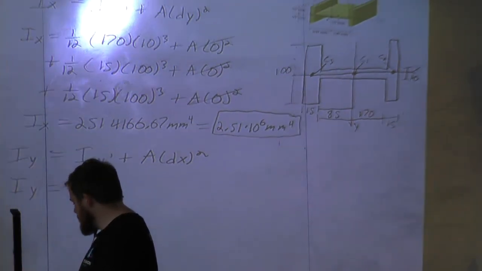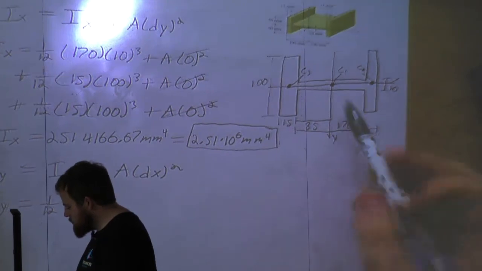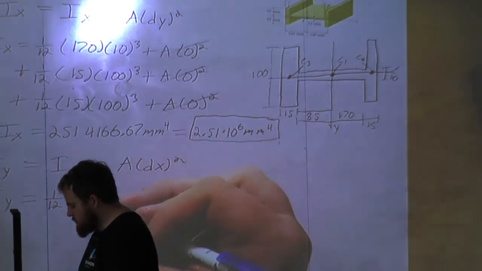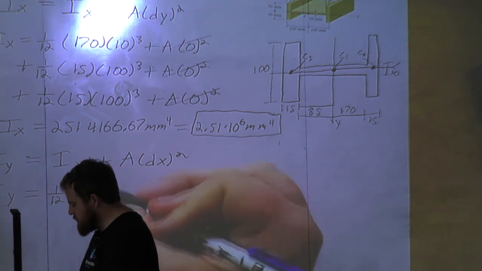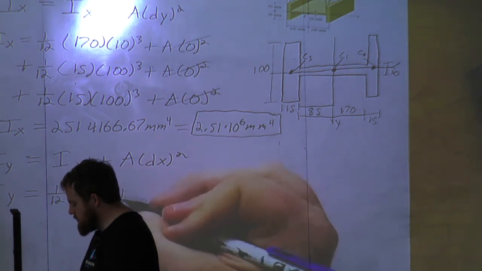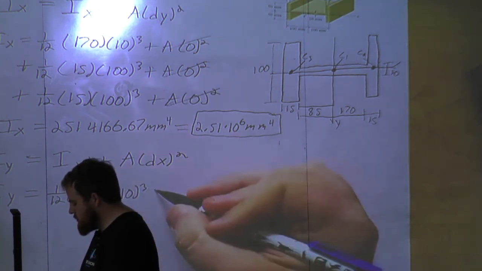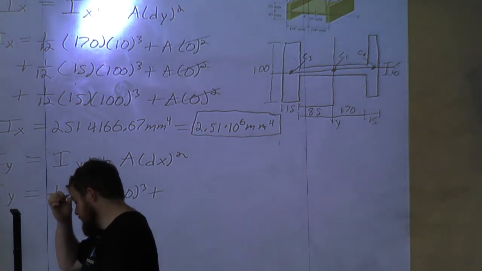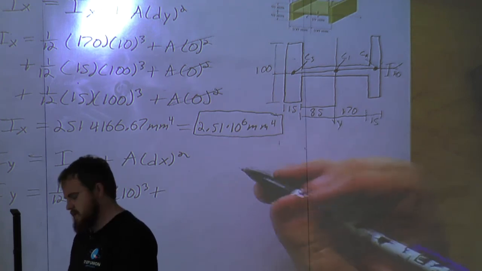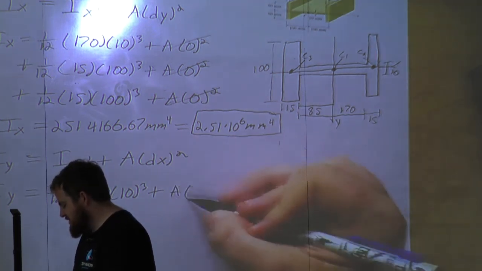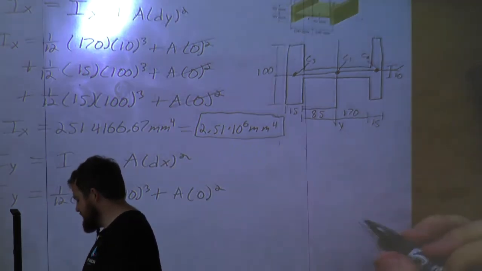For this first part, it's going to be 170 times 10 cubed plus A dx squared. So what is dx for the first part? That's 0 again. So that's gone.